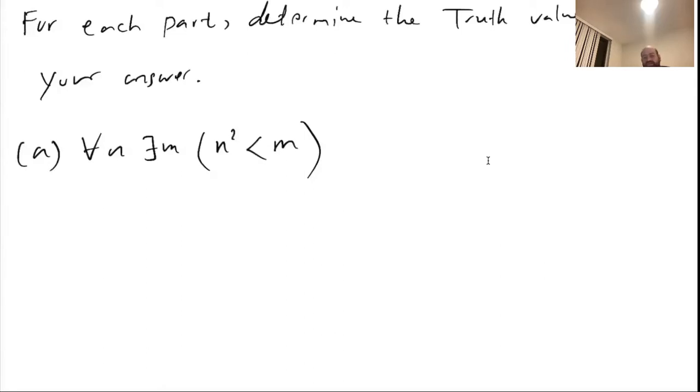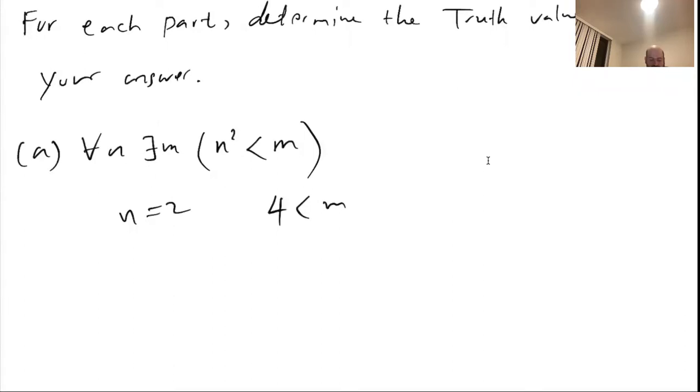Let's say n is 2. Then can we say that there exists m such that n squared, which is 4, is less than m? Of course. We can choose, for example, m to be 5. 5 is bigger than 4.